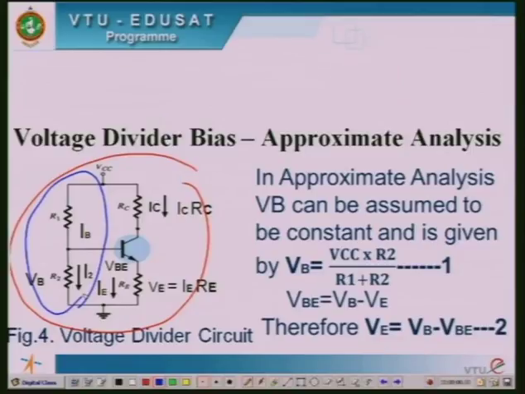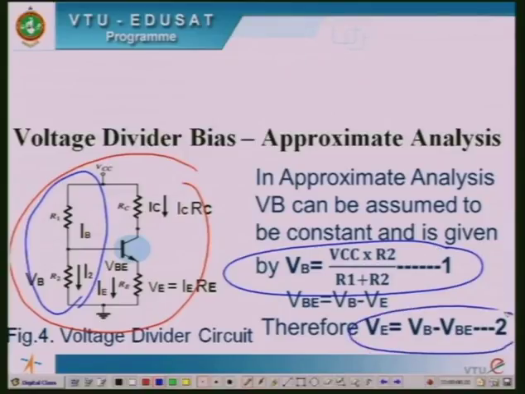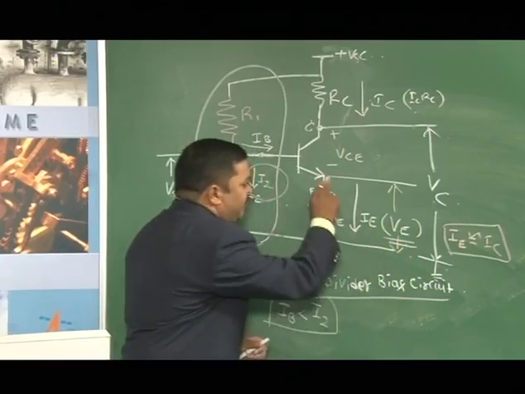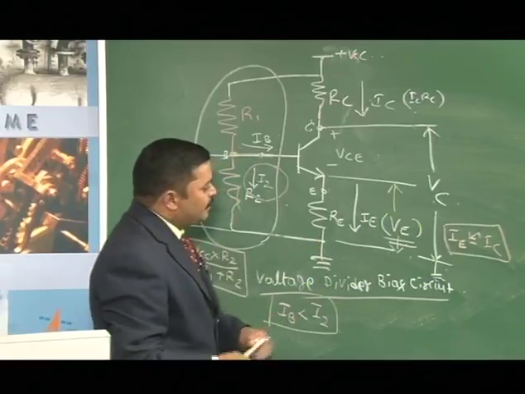Next, that point is indicated by this. So VB is given by VCC R2 by R1 plus R2, which is equation number 1. Therefore, what is VE? Let us see where exactly VE comes here. VE comes here in the emitter circuit.